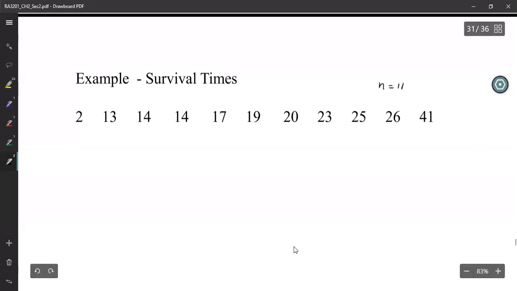So first, let's find the midpoint. That is the median. 1, 2, 3, 4, 5 to the left. 1, 2, 3, 4, 5 to the right. So here's my Q2. Very easily, you can find Q1 and Q3. So what is the next step?